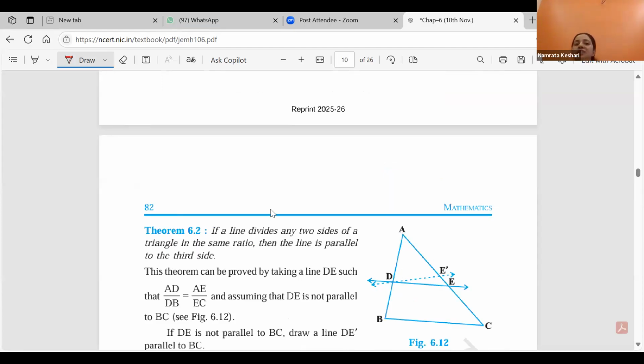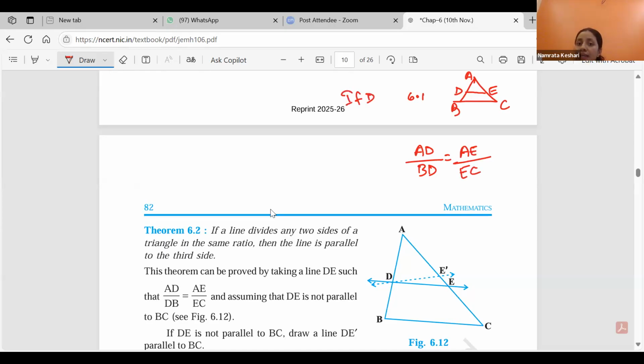The first theorem 6.1 told you that if you draw a line parallel to one side of a triangle, then that line will divide the other two sides in the same ratio. You had written that AD by BD is equal to AE by EC if DE is parallel to BC. If DE and BC are parallel, then you get the ratio the same.